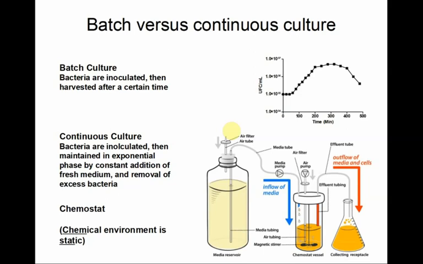And sometimes in research microbiology, it's useful to look at the evolution of bacteria over a large number of generations during which they are kept in the exponential growth phase. So there are some people that do work like this on the evolution of antibiotic resistance or resistance to phage infection in bacteria that are in a chemostat.